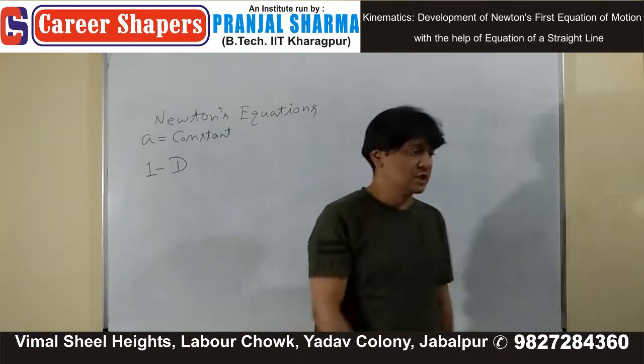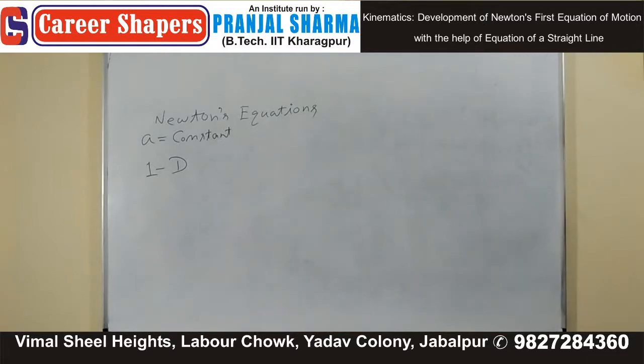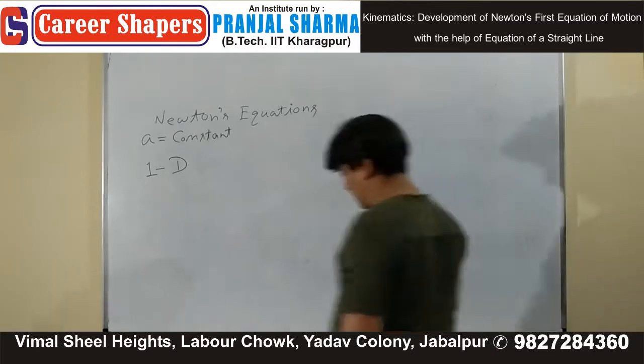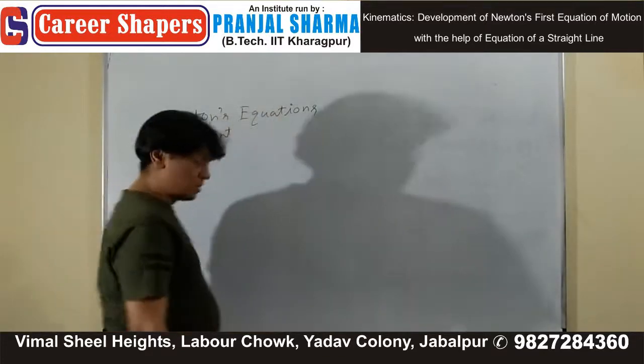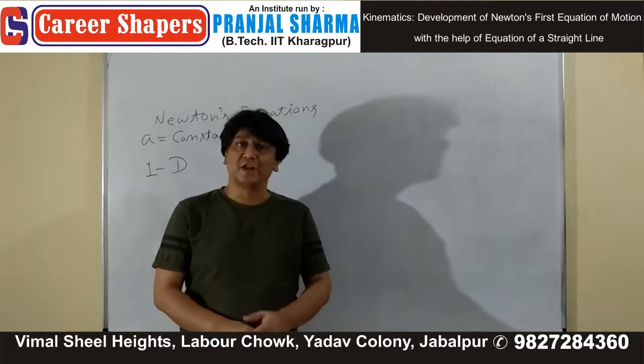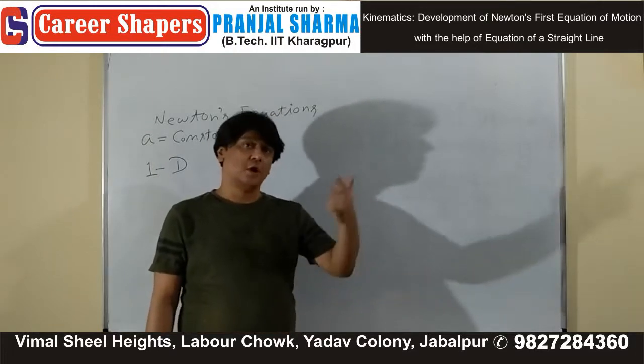Write down this in the comment box. Well, that's what I thought you will answer. Most of you are answering displacement because we just finished what? Area under the curve. But you are wrong.